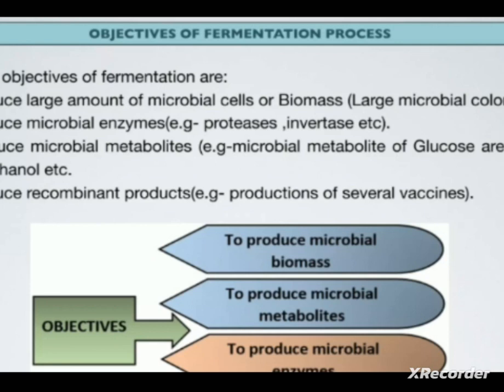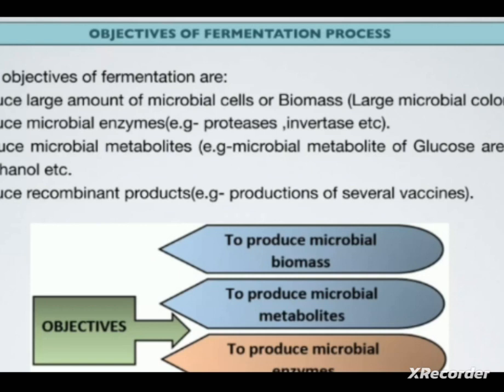The question is, why do we go for microbial metabolites? Because these microbial metabolites are very vital for pharmaceutical use. Many pharmaceutically important materials are prepared by the fermentation process, in which the microorganism plays a vital role, to produce recombinant products, for example the production of several vaccines.